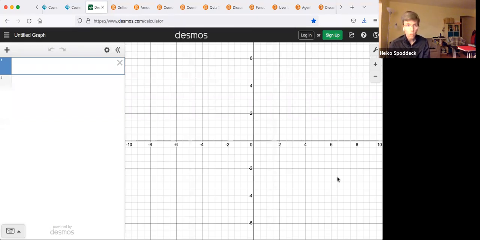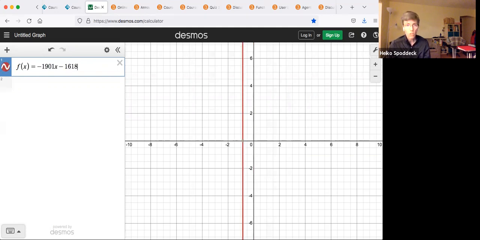So for instance, f of x equals negative 1901 x minus 1618. And voila, something like that you are likely to see.